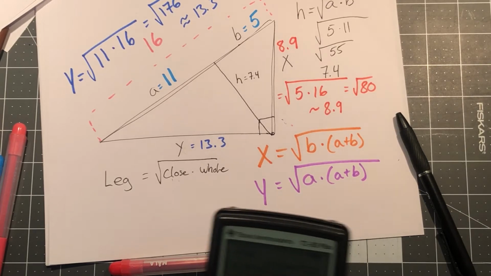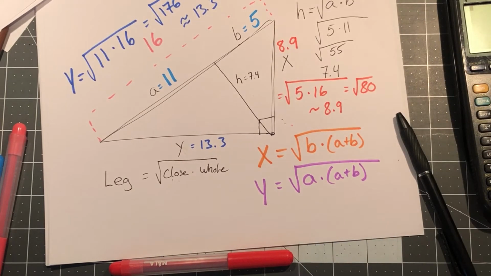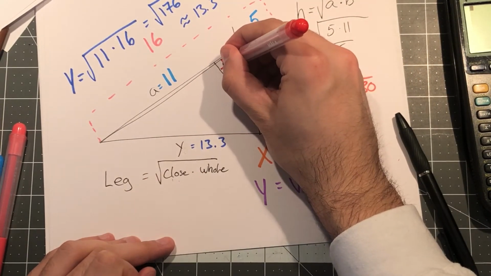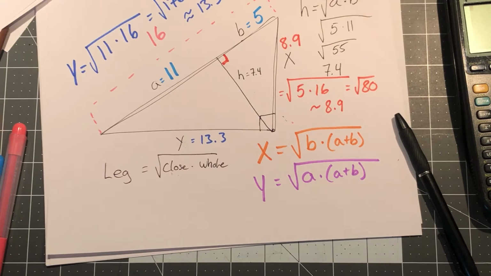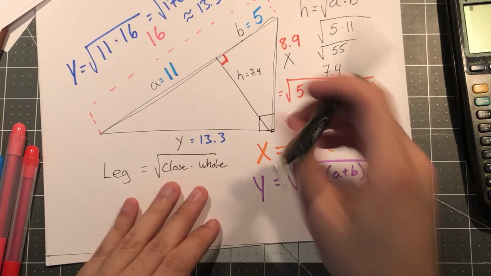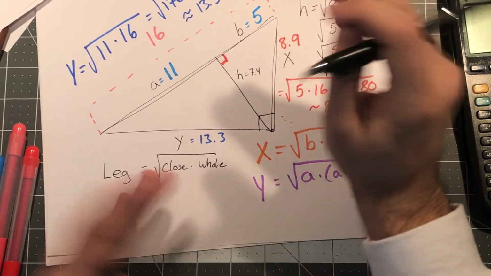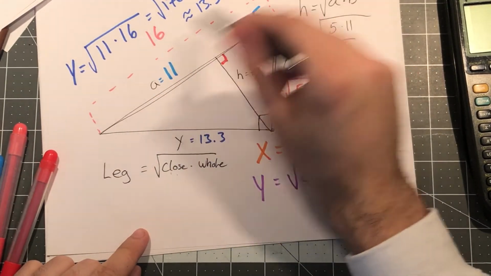Okay, now, those of you who are astute in the room and maybe putting things together are probably saying that I didn't have to only use the geometric mean to find some of this. That's true. Once you have some of these, and because this is a right angle, we actually have 3 right triangles in the whole thing.